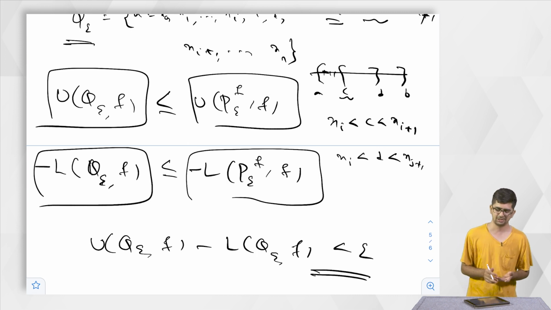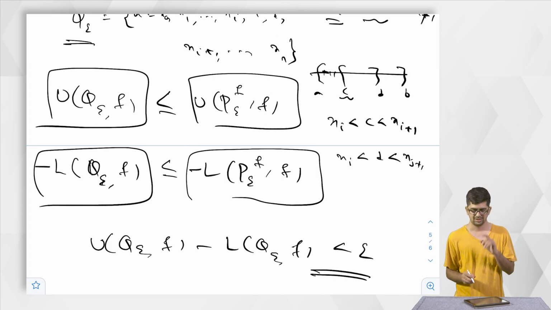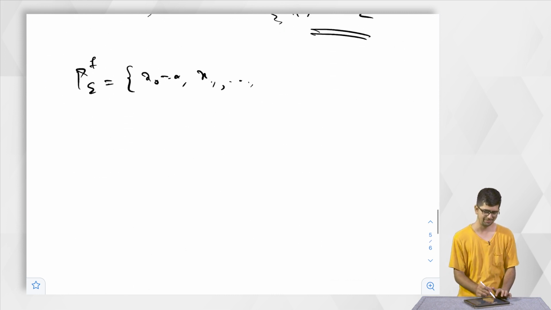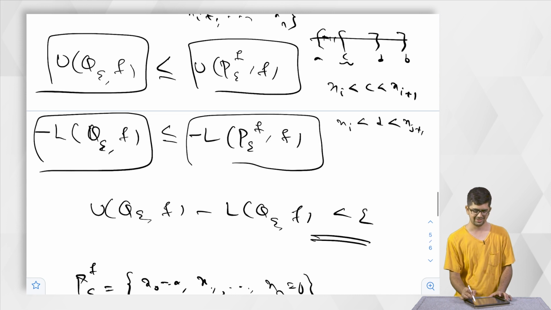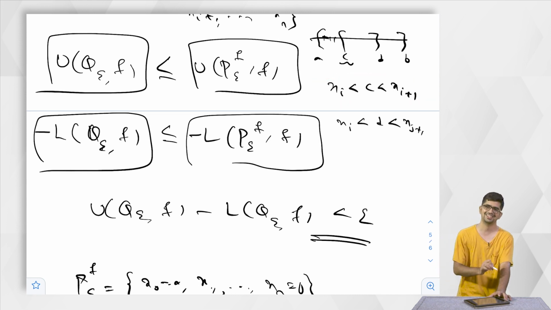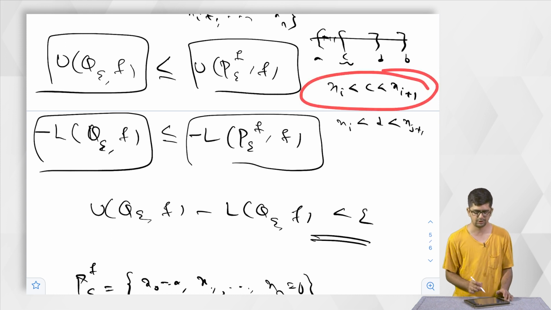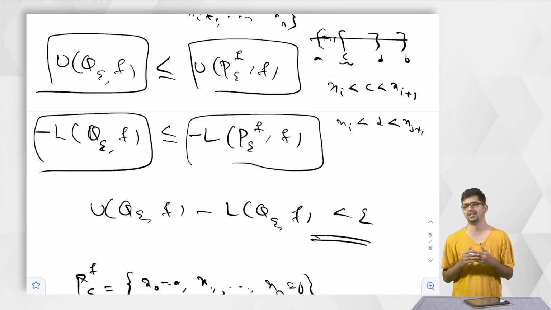See, there is nothing special about this; we are only making sure, or one can of course just simply add c and d for this p epsilon f. Let me finish this. xn is equal to b for this p epsilon f, and then write down that in the increasing order. So this is maybe more time consuming than that, but still I am saying this only to give you some more clear idea of what actually a partition is.